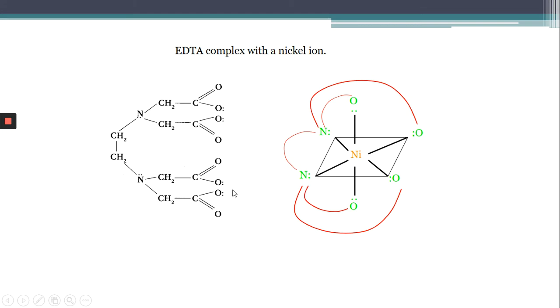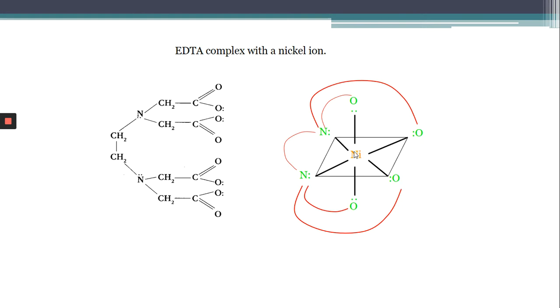This one here, go for the inside one, be this one, so CH2, C double bond O, and the oxygen binding to the nickel. And finally, this bottom one here, for the sake of this diagram, is here. So it's CH2, C double bond O, and the other oxygen binding to the nickel.